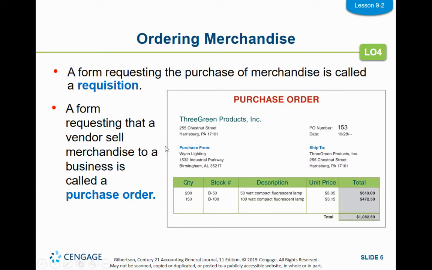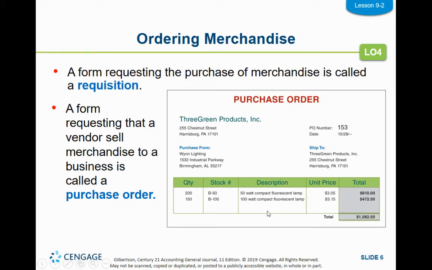Typically that purchase order has the name of the company that is buying the merchandise, who you're buying it from, a purchase order number and a date. It's going to be detailed about everything you're buying, how many of them, the unit price, the total price, and all of that.